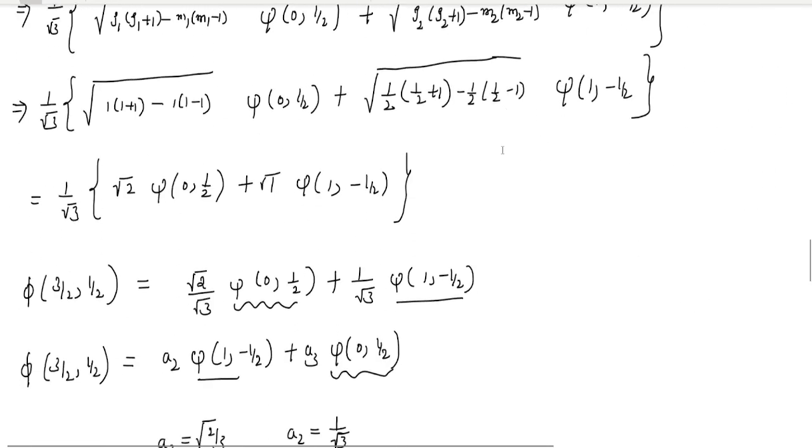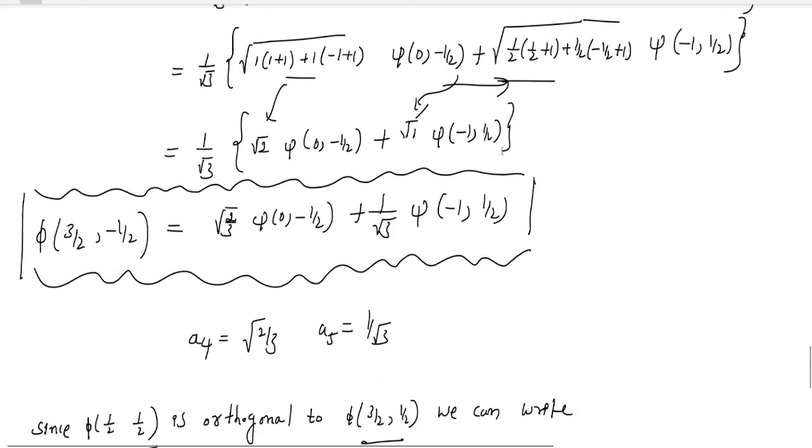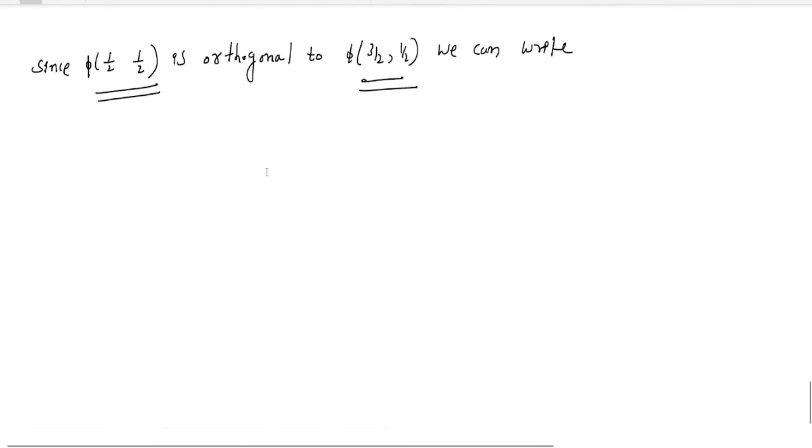So then we can get easily. We know already A2 and A3 values, right? You try to apply orthogonal condition to these two states.